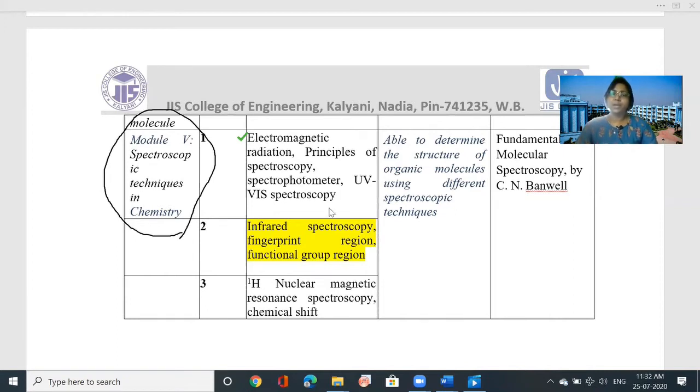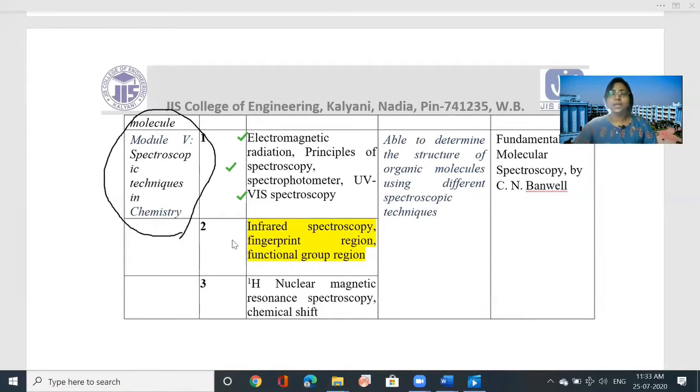You saw their wavelengths, frequencies and energies. You also learned the principle of spectroscopy, how there is an interaction between electromagnetic radiation and matter. You also learned UV spectroscopy, how the sample absorbs the radiation, how we get the transmittance and absorbance values and plot the graph, and from this understand which material exists in the sample.